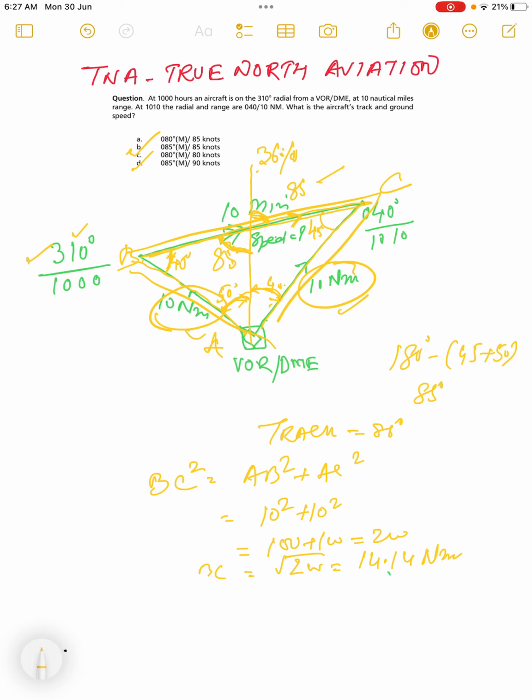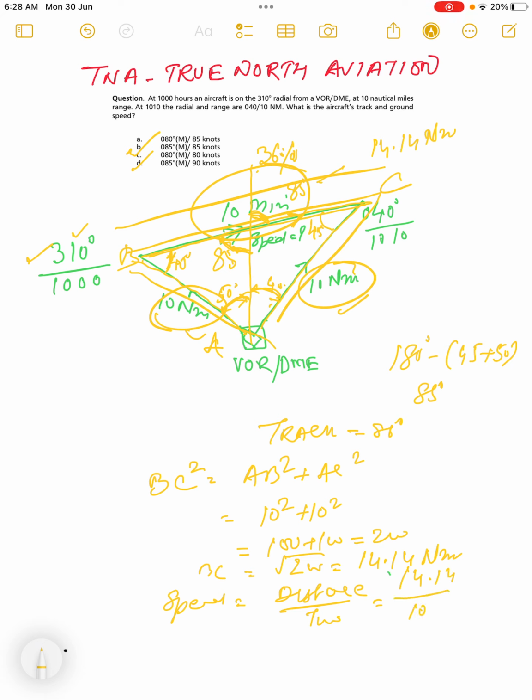Okay, so this distance is 14.14 nautical mile, and time, 10 minutes. So you can easily find ground speed. Ground speed is equal to distance upon time. Speed is equal to, the distance is 14.14 nautical mile. Time is 10 minutes.